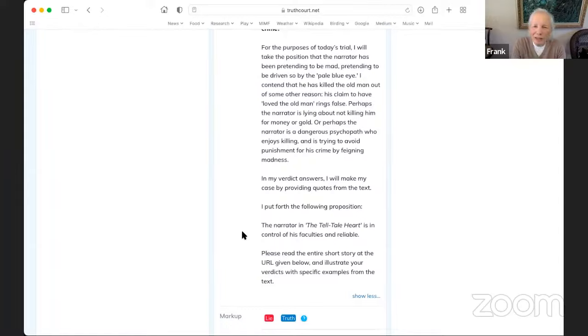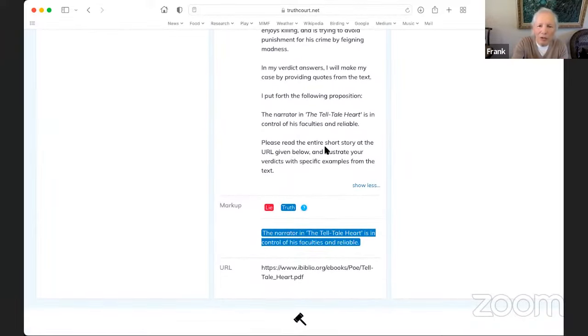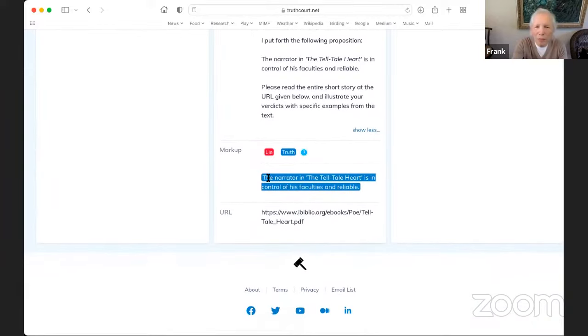So I'm saying that the narrator is lying about being mad, and that he's pretending to be mad so that he can escape the worst kind of punishment for his act. Okay, and below here you can see that I have put this in the form of a proposition, and the proposition is here under markup: the narrator in The Tell-Tale Heart is in control of his faculties and reliable.